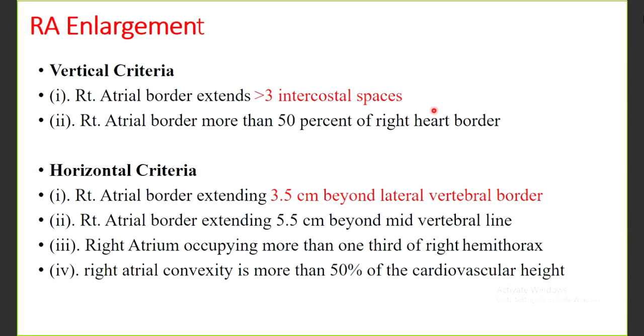There is also a horizontal criteria which says if from the mid-vertebral line, the border extends to more than 5.5 centimeters, or from the vertebral border, it extends to 3.5 centimeters, we can consider it is right atrial enlargement.